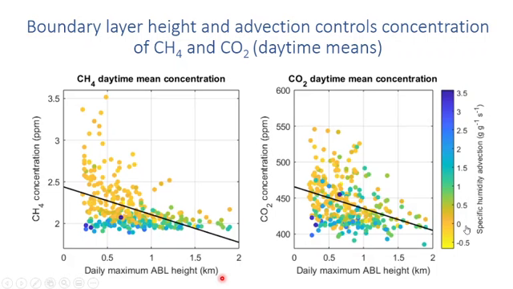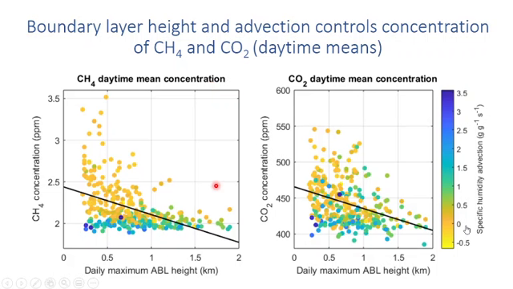As you can see, and as is expected, when the boundary layer height was high, there was a lower concentration of methane, more dilution of methane and CO2. In contrast, when the boundary layer height was low, there was a much higher concentration of methane and CO2. Remember, these are daytime mean concentrations. We're not dealing with nighttime at the moment.